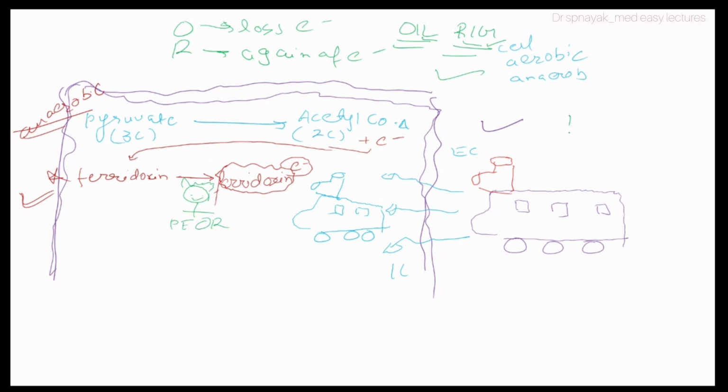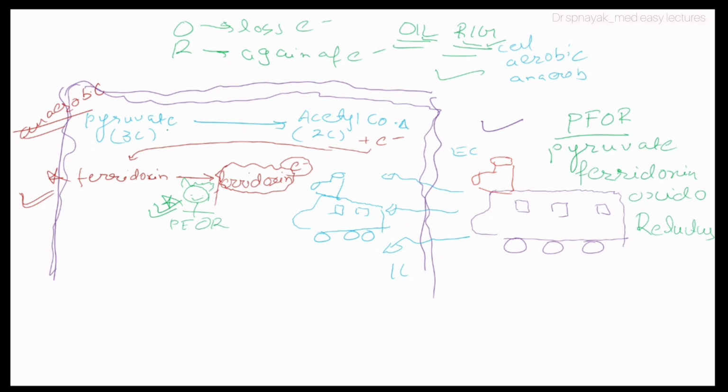What do I mean by P4? P4 stands for pyruvate ferredoxin oxidoreductase. This is a very important enzyme, also present only in anaerobic bacteria and protozoa.